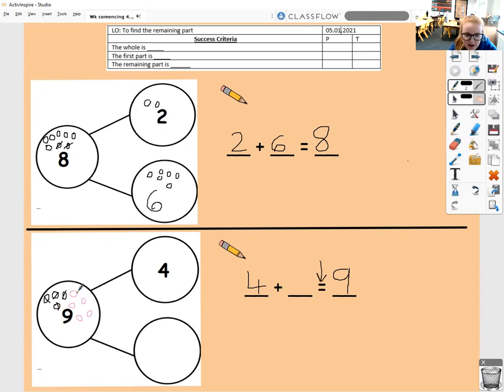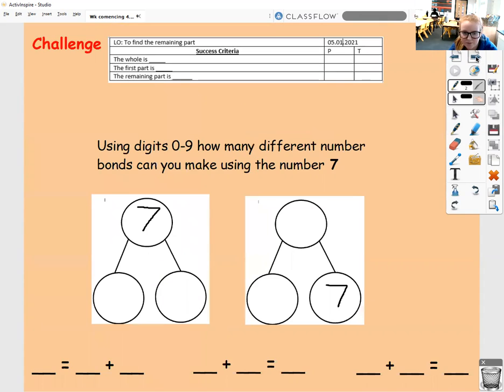How many have I got remaining? 1, 2, 3, 4, 5. 5 remaining into this section. The remaining part is 5. We say our numbers together. 4 plus 5 equals 9.